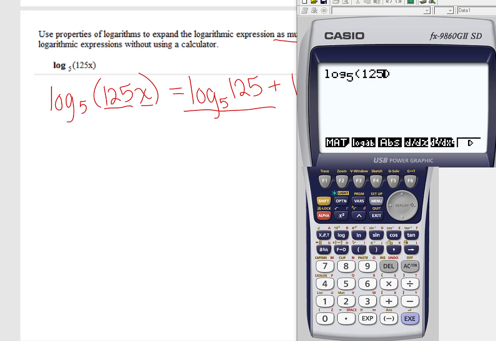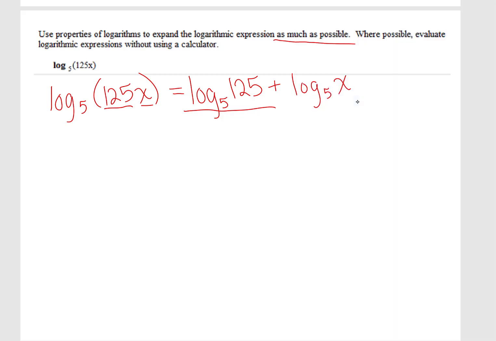So the reason that I had a clue that this would simplify to a plain integer is that 125 can be written with a base of 5. And so that goes back to those inverse properties that we saw. And sure enough, I get 3. So now I will replace log base 5 of 125 with 3.